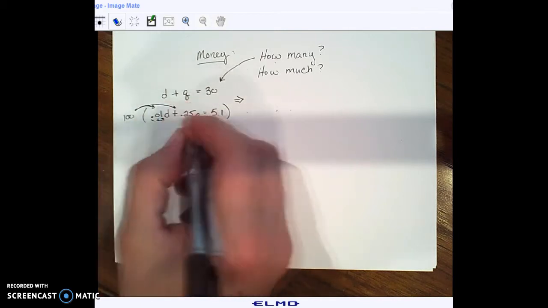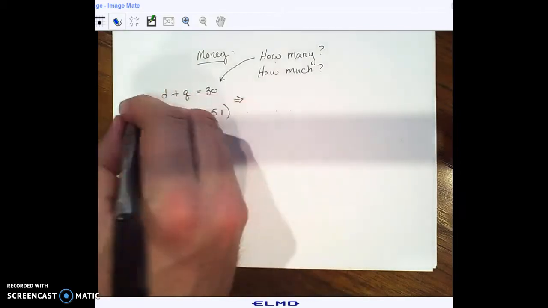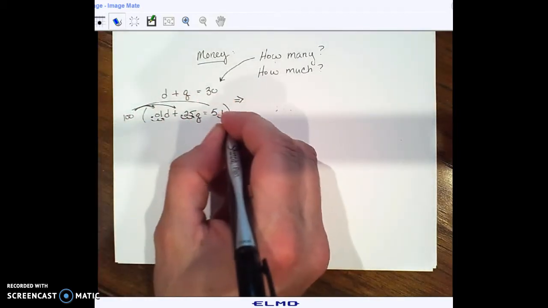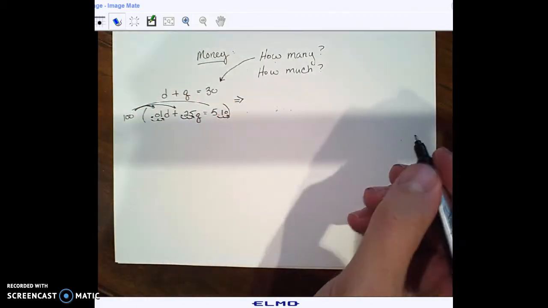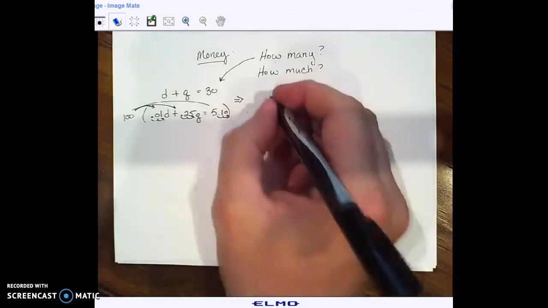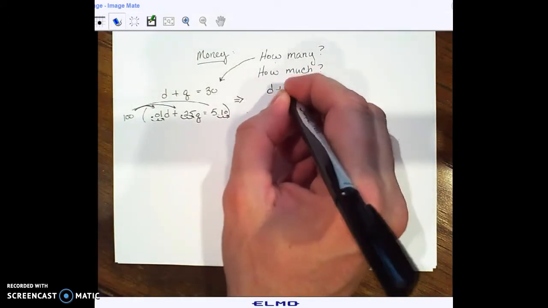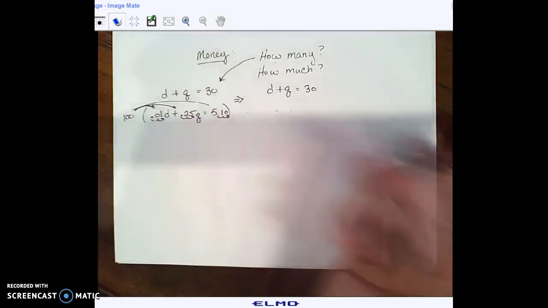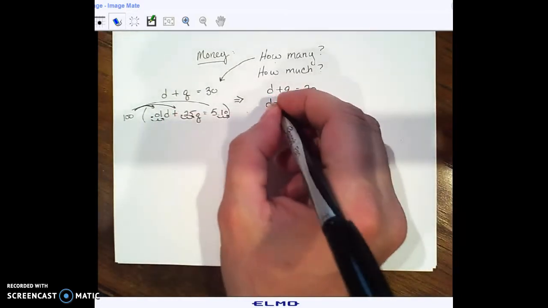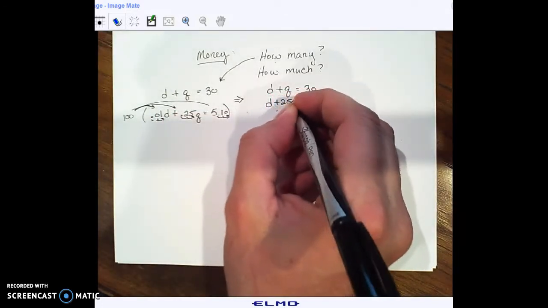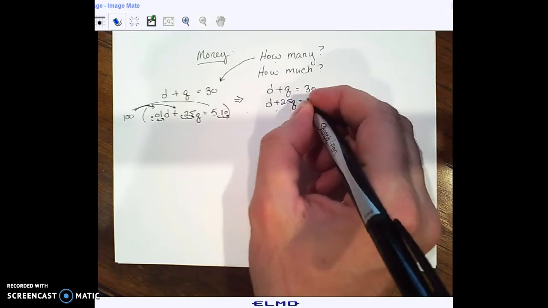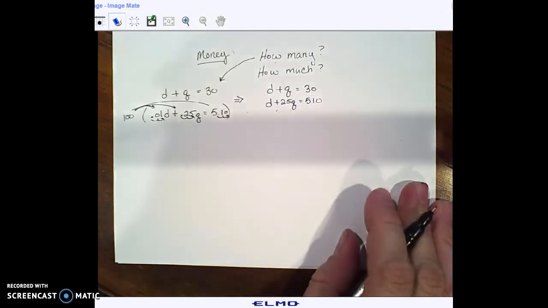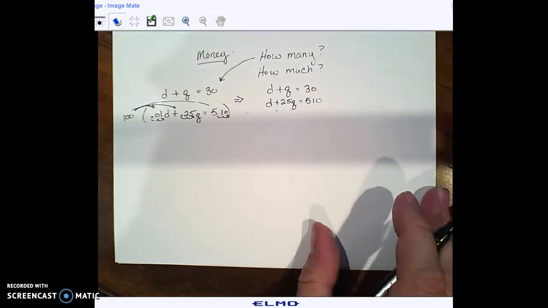Multiplying here, 2 over. And then multiplying here, we'll move 2 over, which I have to add a 0, of course. So that's going to give me that D plus Q is equal to 30. And it's going to give me that D, this is plus 25Q, is equal to 510. Okay, well, we can work with this.